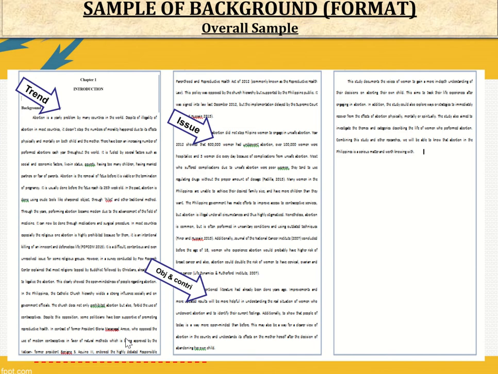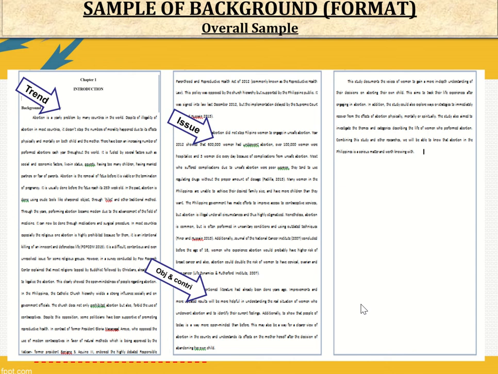Now, final notes ko lang dito to my advisees, in writing the background of the study, you have to limit the use of paragraph. Yung iba kasi, napakaraming paragraphs and wala namang direction yung paragraph.